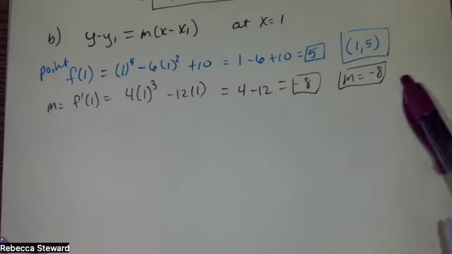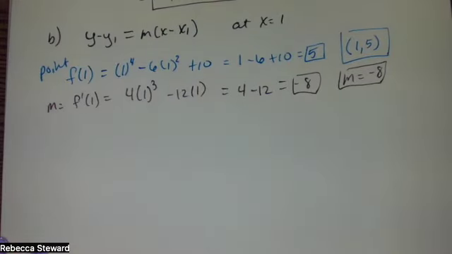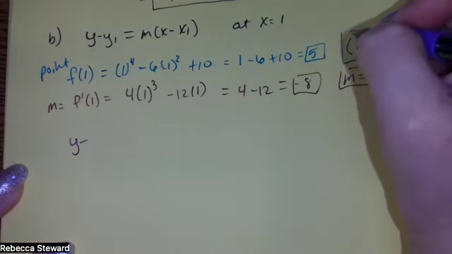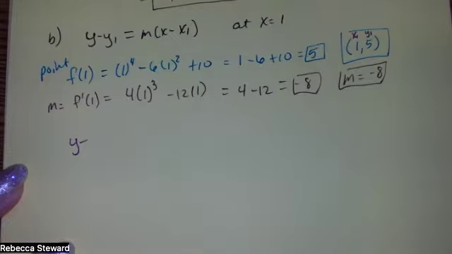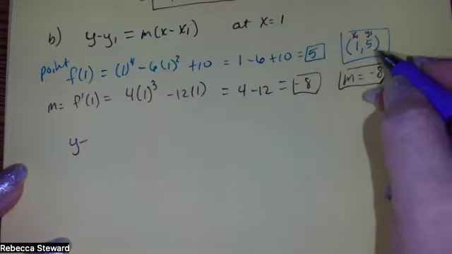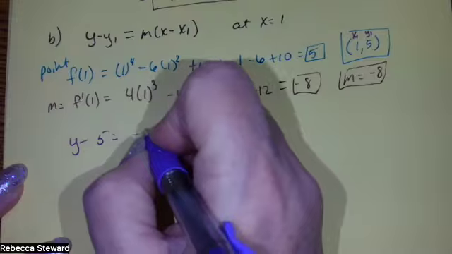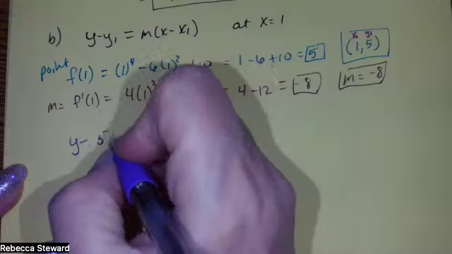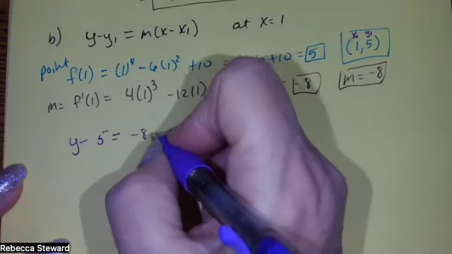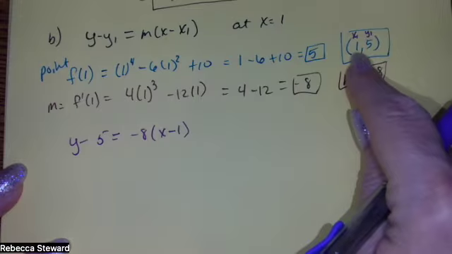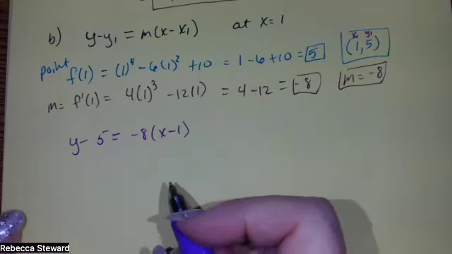All right, so now that we have the information, we can use our formula. So we are going to have y minus, this is our x1, y1 right there, so y minus 5 equals negative 8, which is our m, times x minus 1, because our x1 is 1.